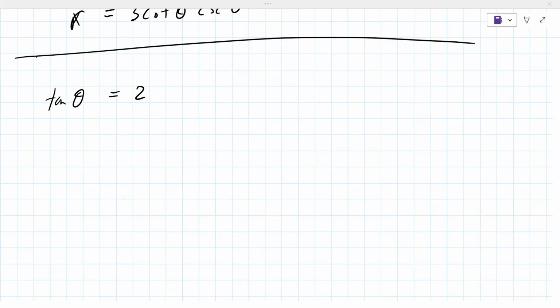Do you remember what tangent is in terms of y and x? It's sine over cosine. Yes, but in terms of y and x, what is that? y over x. Yes.